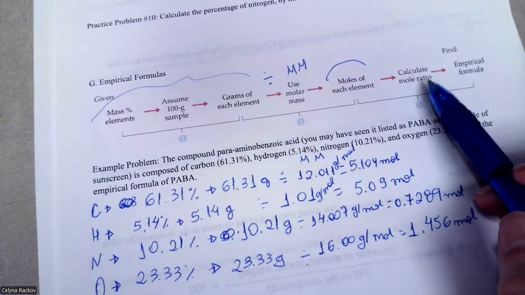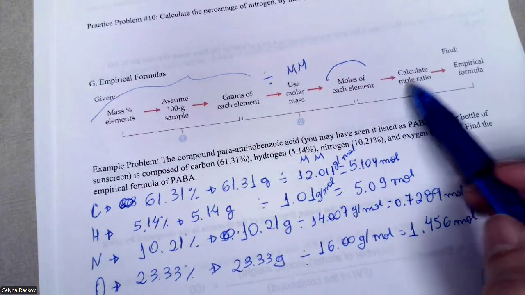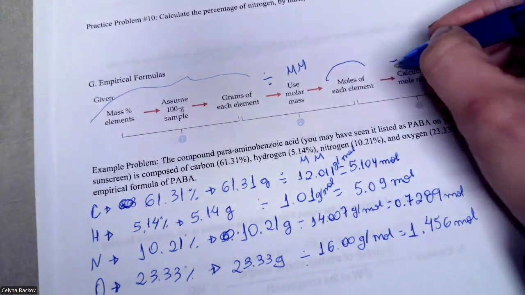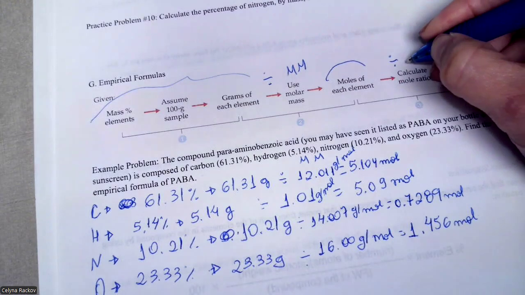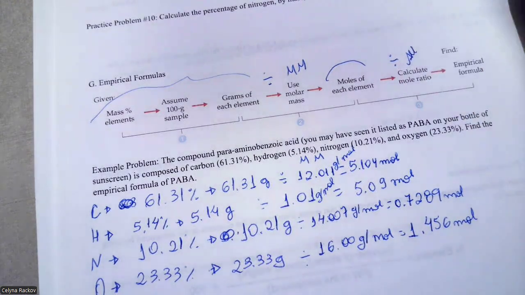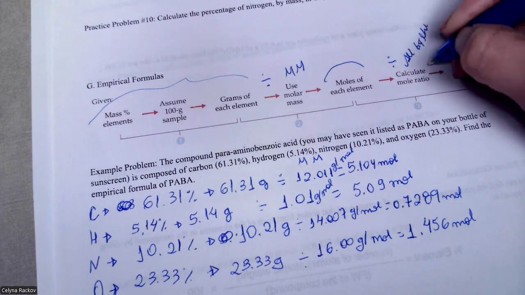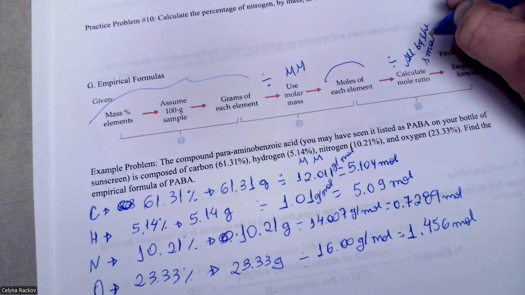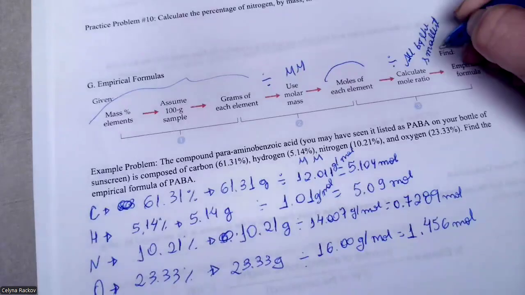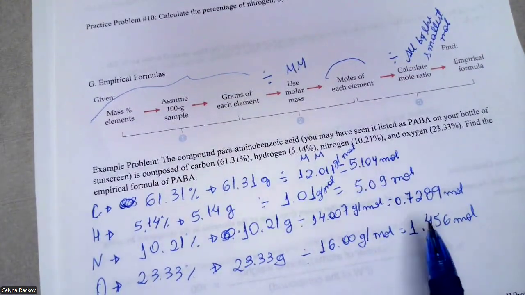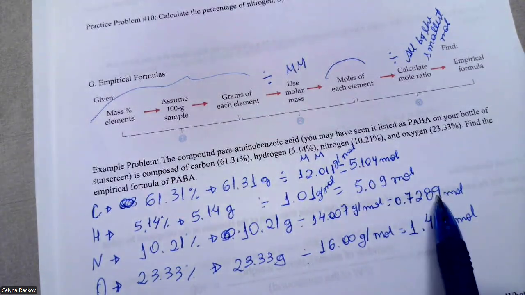Now, the next step is to calculate the mole ratio. How are we going to do that? By dividing all by the smallest mole number. So which one is the smallest here? 0.7289, correct?